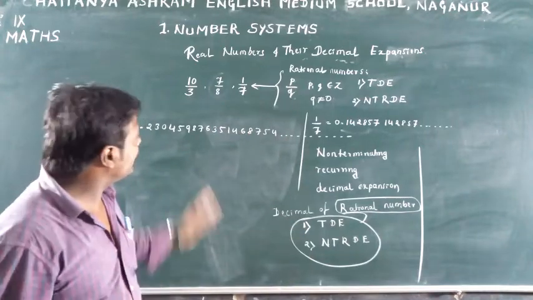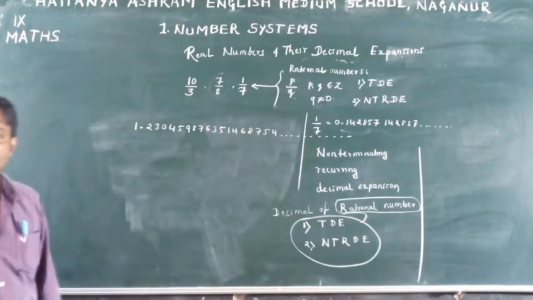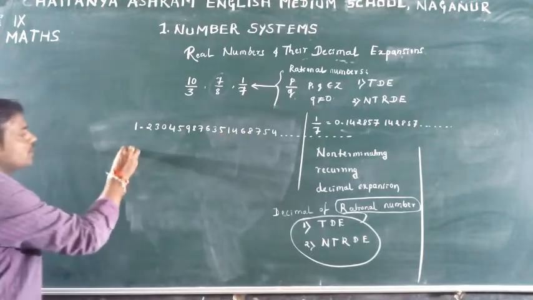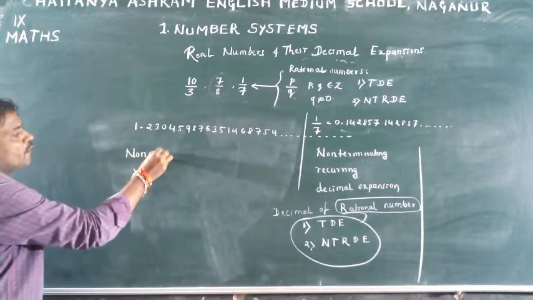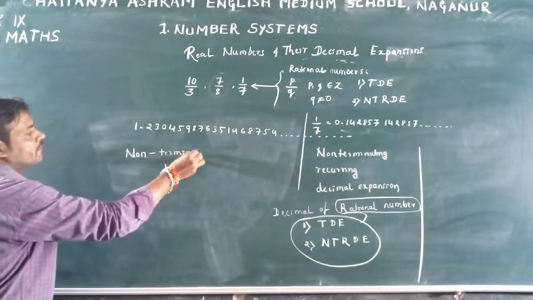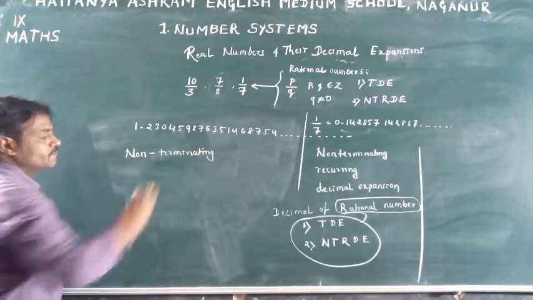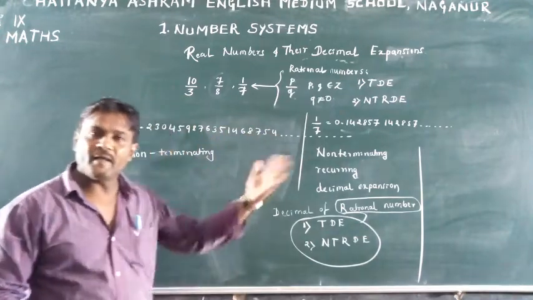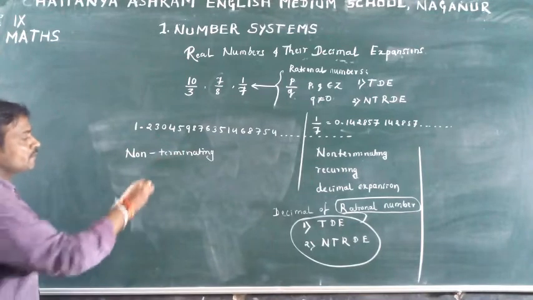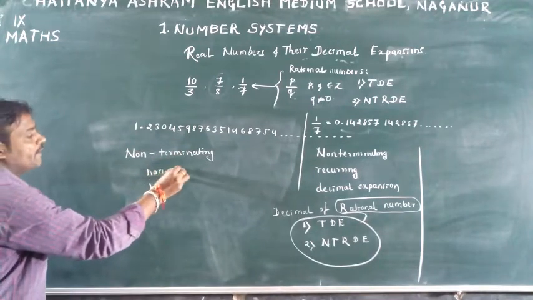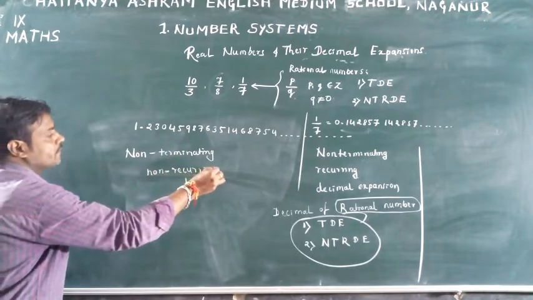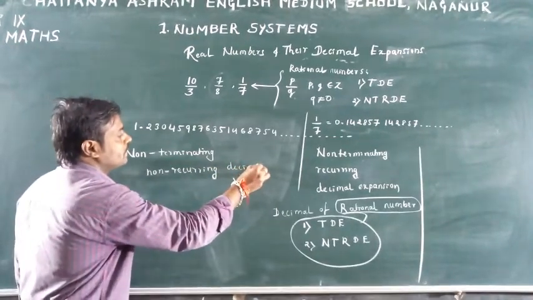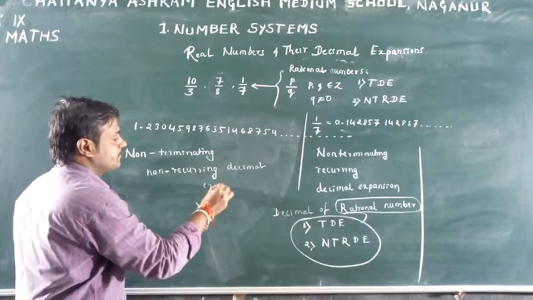Then what kind of decimal expansion is this? The division process is not completed, so non-terminating, and none of the digits start repeating, so non-recurring decimal expansion.